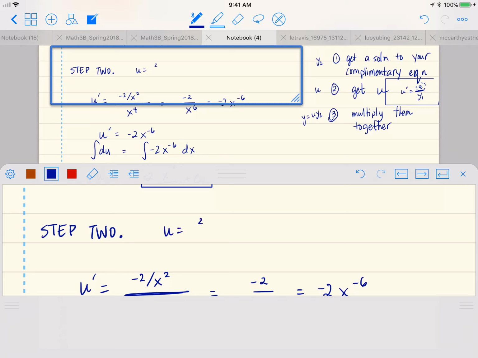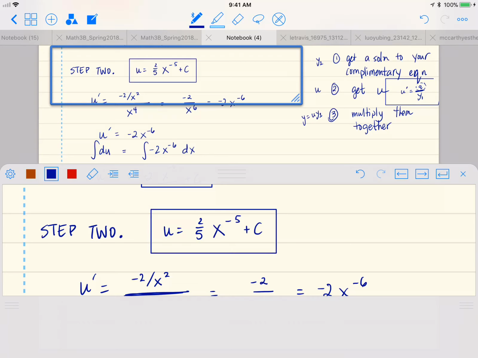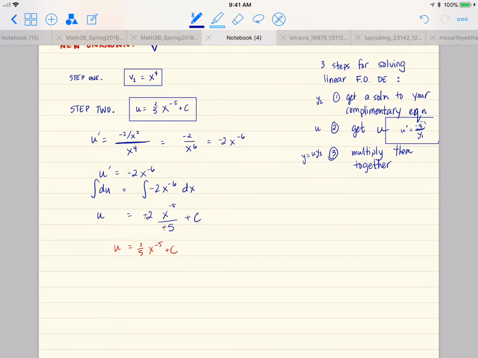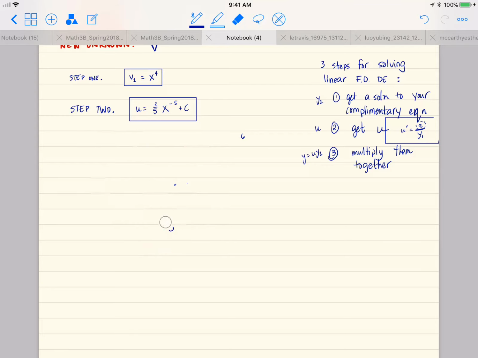U equals 2/5 x to the negative 5 plus c. And then step 3 is to multiply the result of step 1 and the result of step 2 together, and that'll give you the solution, the answer.